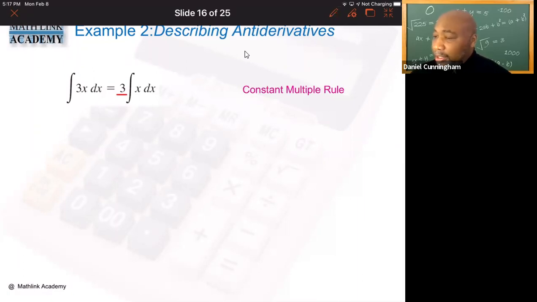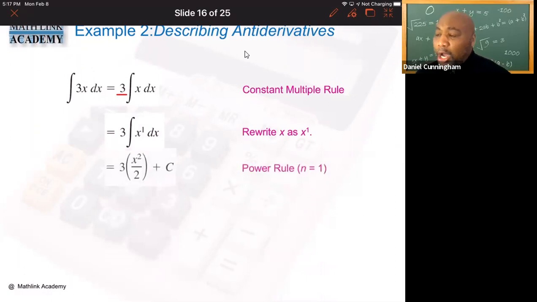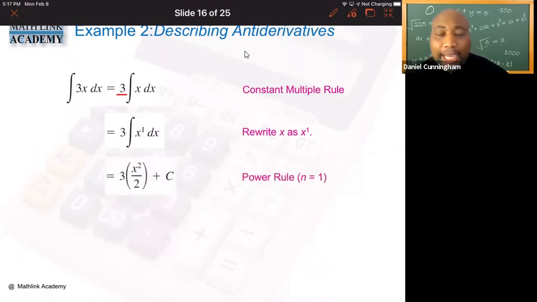Now the integral of x dx is the same thing as the integral of x to the first power dx. And when we take the integral, the n is 1. So it'll be 1 plus 1 is 2 divided by 2. Again, this 3 is being left alone to the very end.